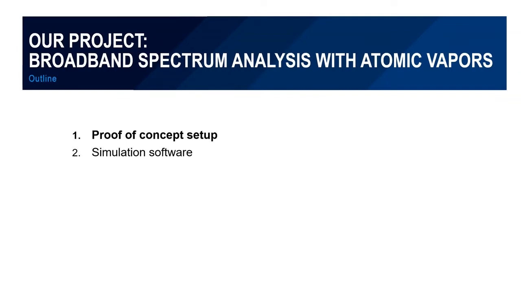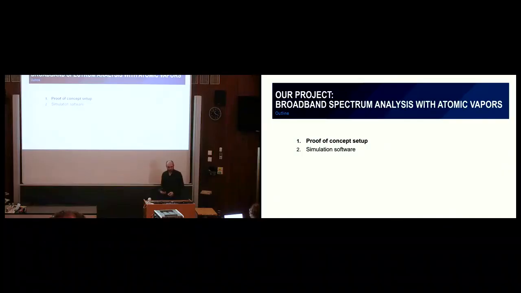On the one hand, we are working on a proof of concept setup, but we are also working on simulations at the same time. This approach is very important for us because we need experimental data to verify that the simulation is working correctly and predicting correct results, but we can also use insights from the simulation to improve our experiment and to learn what is really happening in it.